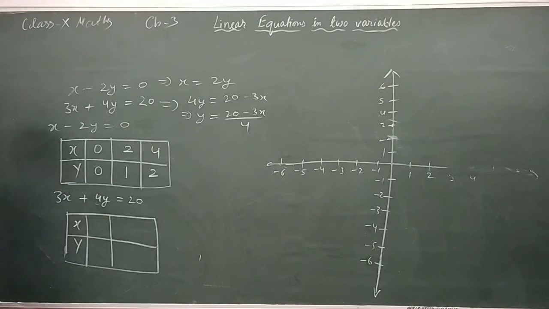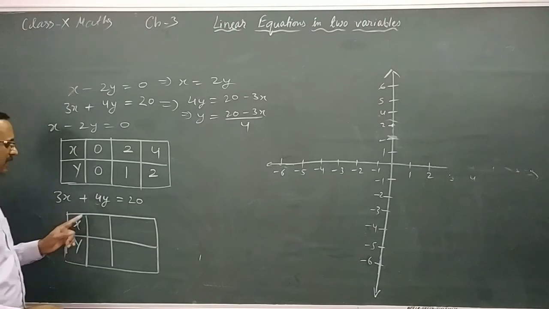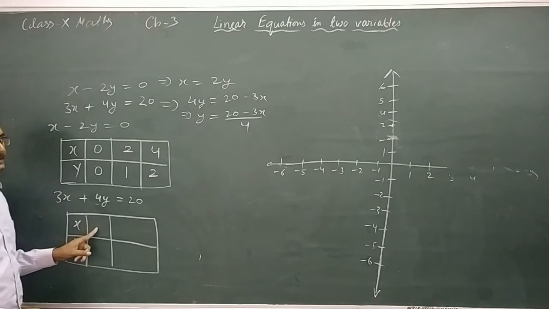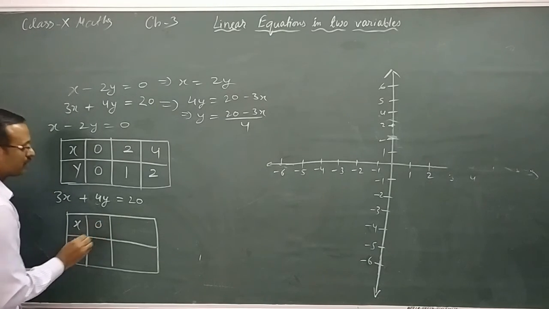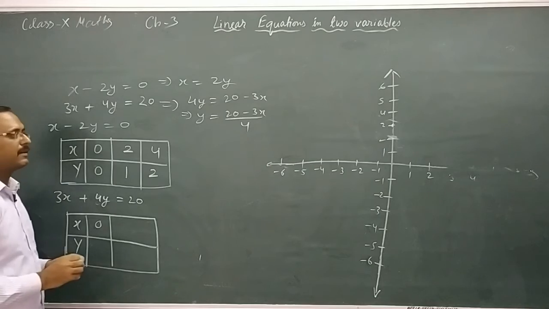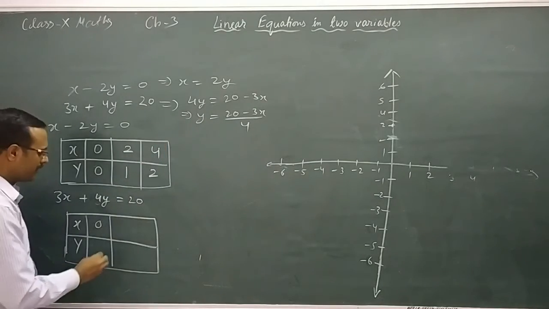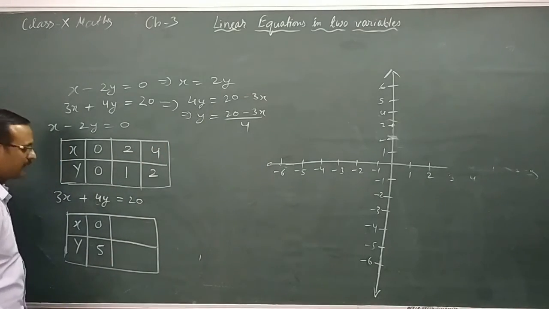Again taking some values of x and obtaining y. So if you put x equal to 0, the value of y will be 20 upon 4, that is 5.